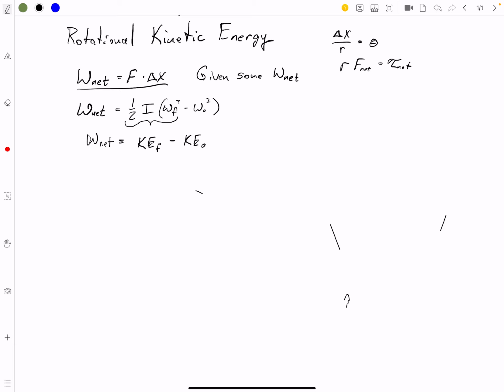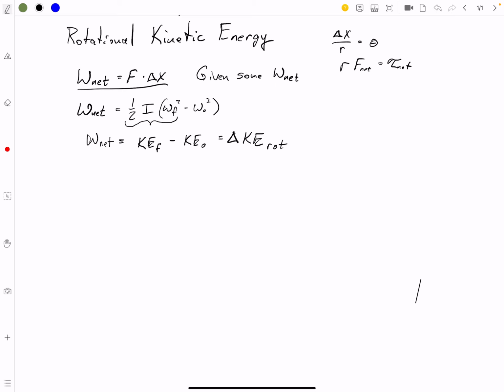So really, just like before, our work net is equal to delta KE. So delta KE, that is our rotational kinetic energy.